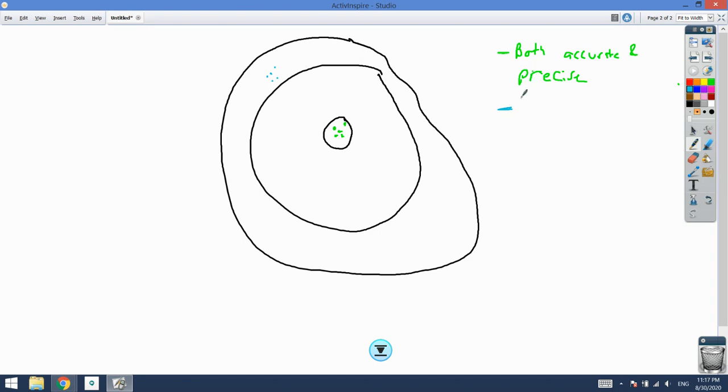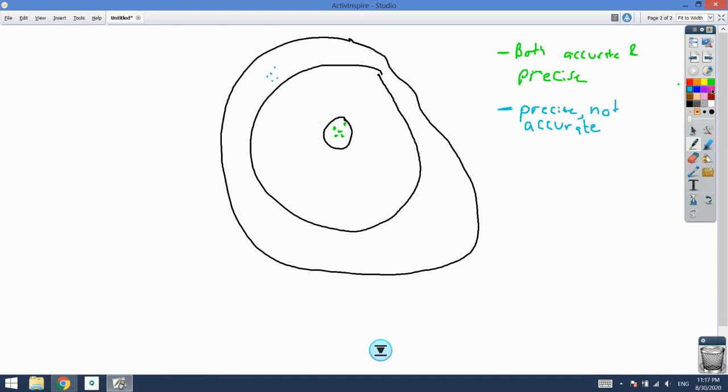If you were thinking just precise, but not accurate, you would be correct, because these shots are close together, but definitely not close to the target.